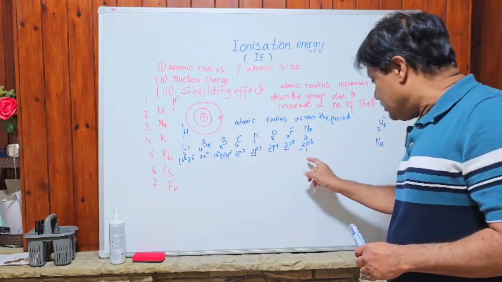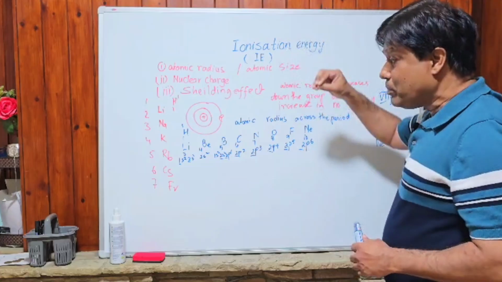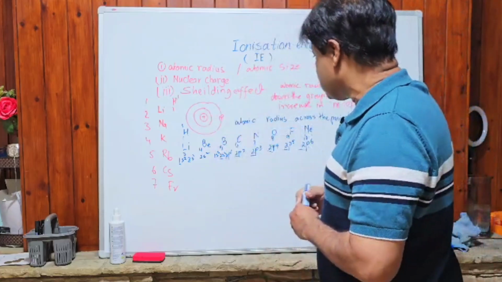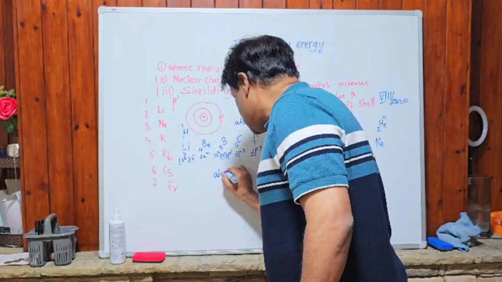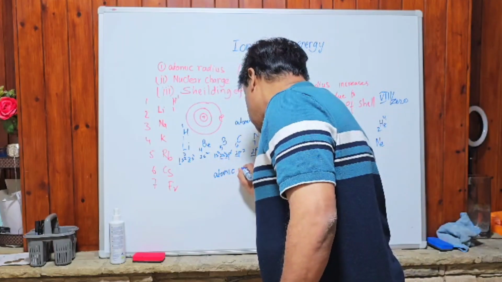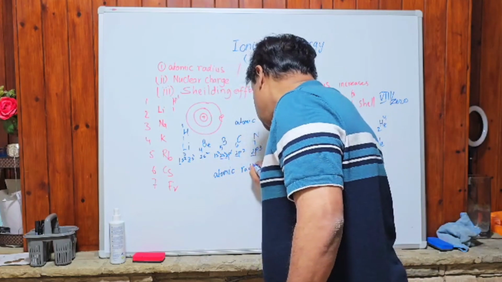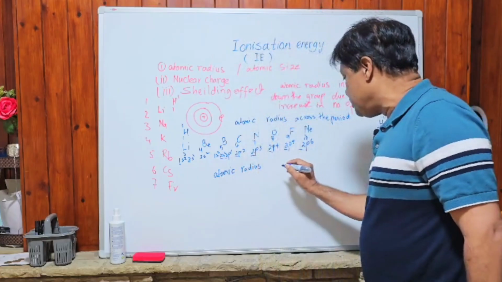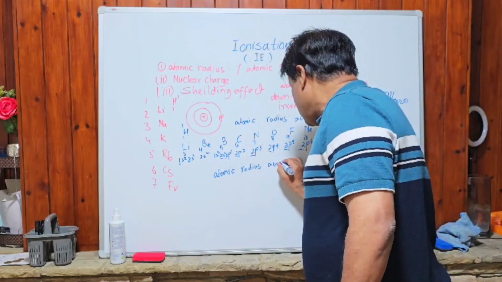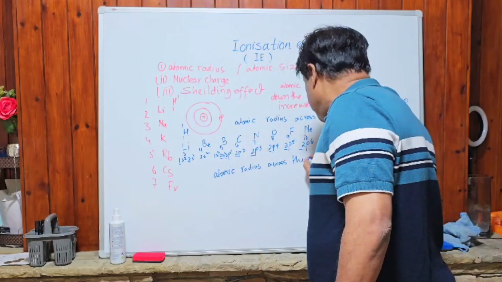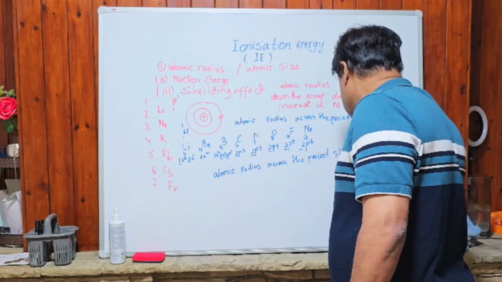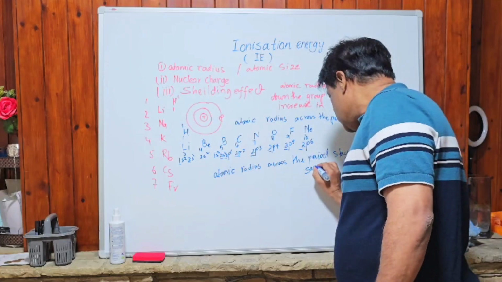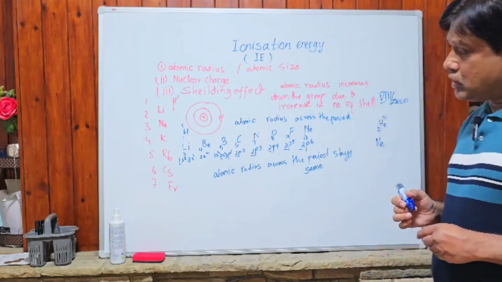No effect, but these electrons create some impact on the nucleus. We will see that in the nuclear charge. So the atomic size, atomic radius across the period, stays the same, no change.